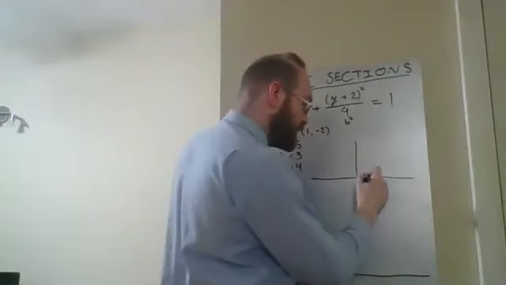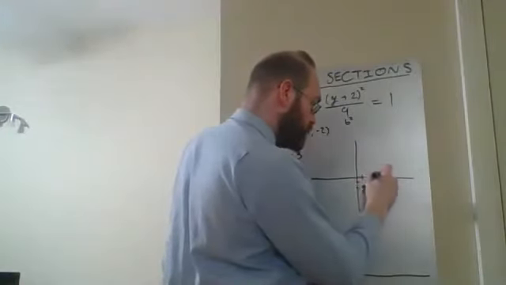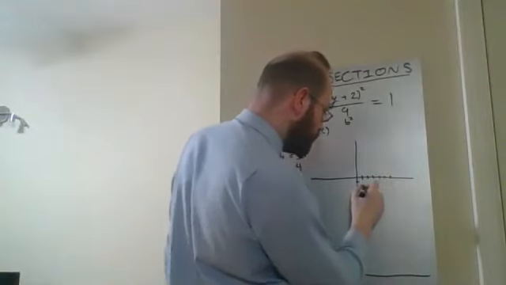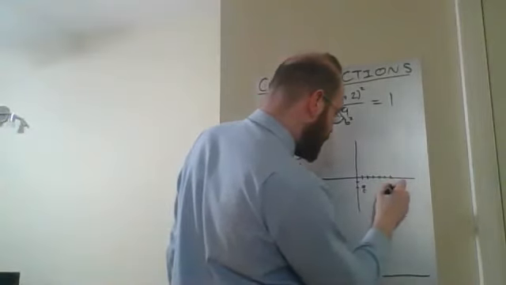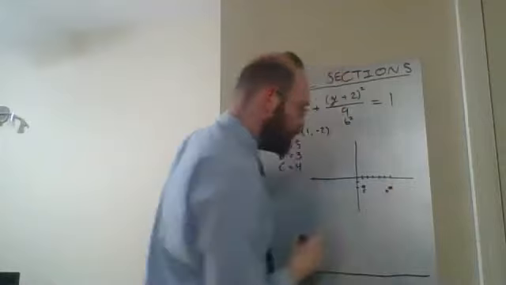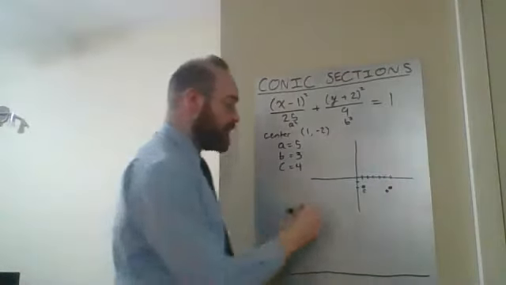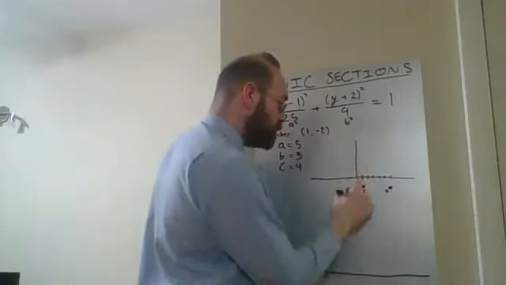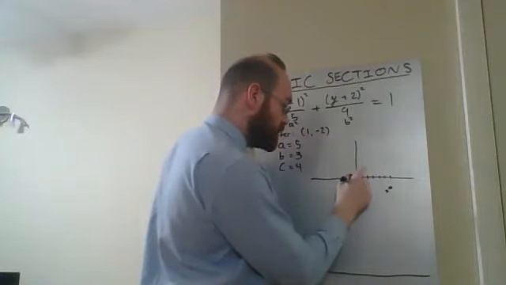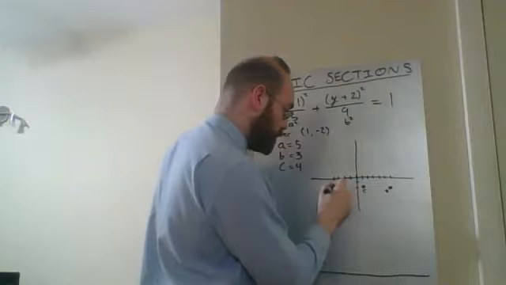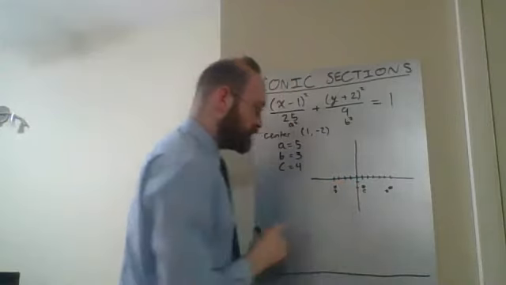So I'm going to count out 1, 2, 3, 4, 5 more points. And I'm going to label that point the vertex. Then I'm going to count 5 points in the other direction. So that's 1, 2, 3, 4, 5. This is our other vertex.